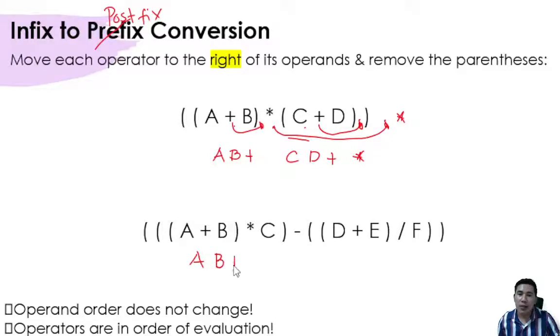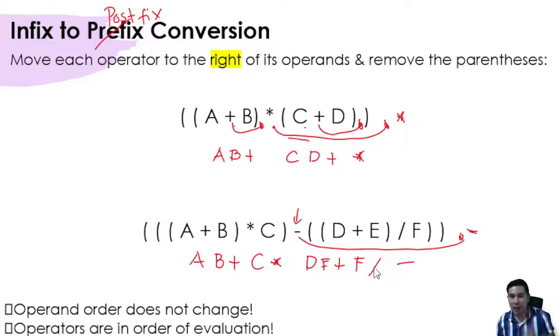So you have A, B plus, and then the multiplication, and after that the E plus, and then F division. And of course, the last operator would be minus, which is placed right here. So AB plus C times DE plus F divide minus.